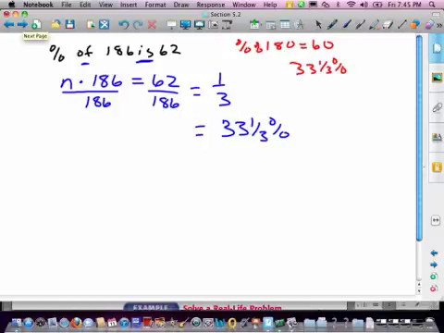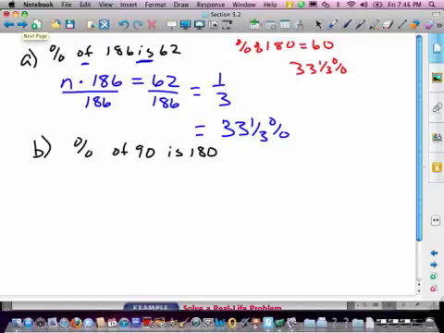This was A, and on B, it says what percent of 90 is 180? I'm going to look at that and say I don't even need to estimate, because I'm going to get the same thing with my estimate.